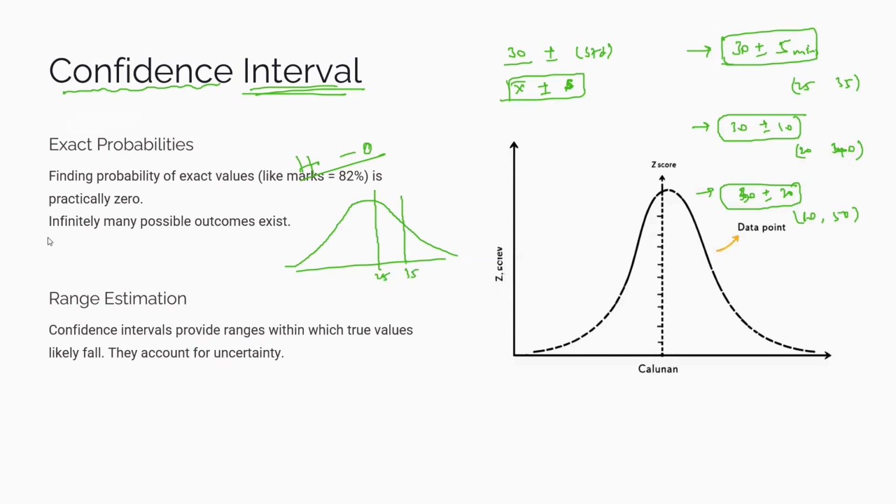But if I take a different color, this is 20 to 40. Next is 10. This is 10. This is 50. Three different colors I'm using. Now, in reality, what I need is a value which is more like this.